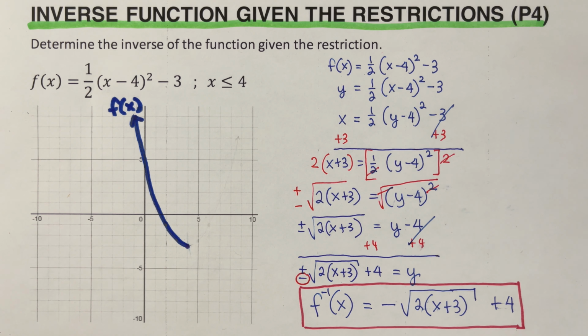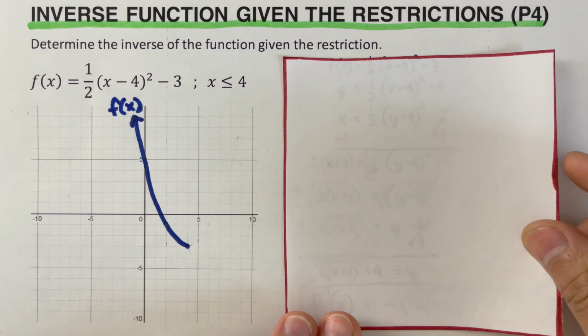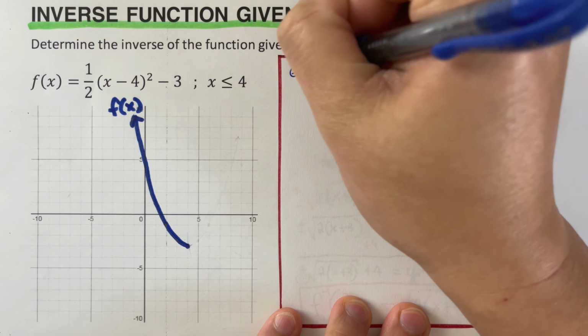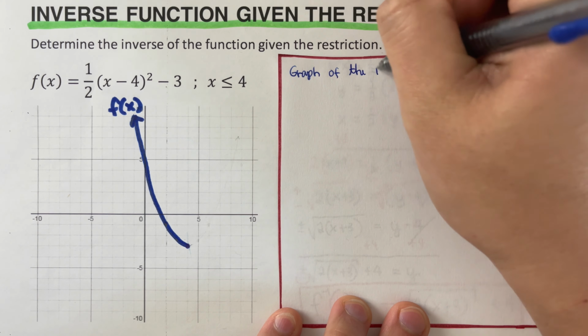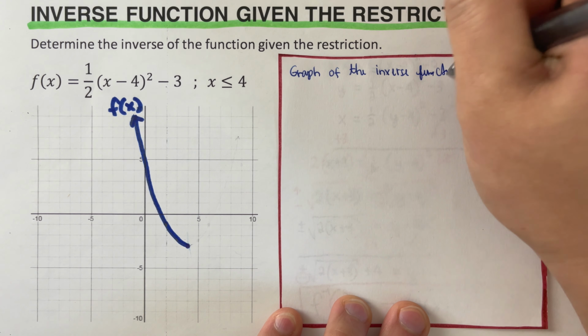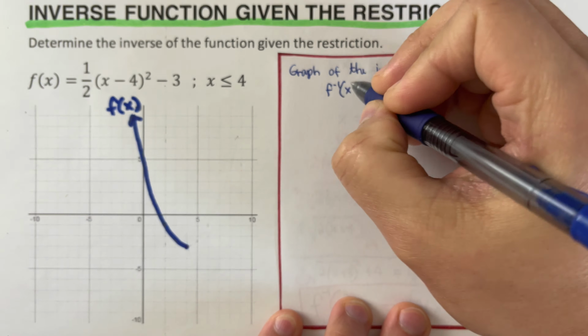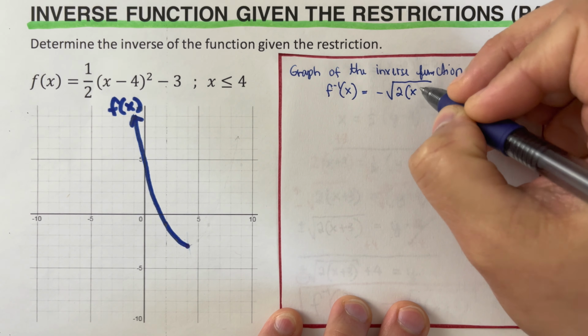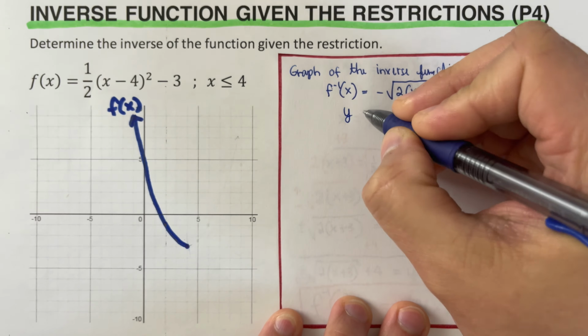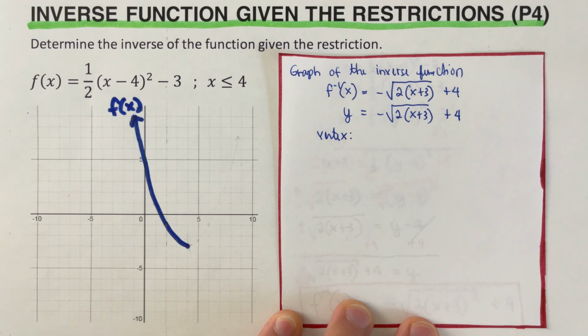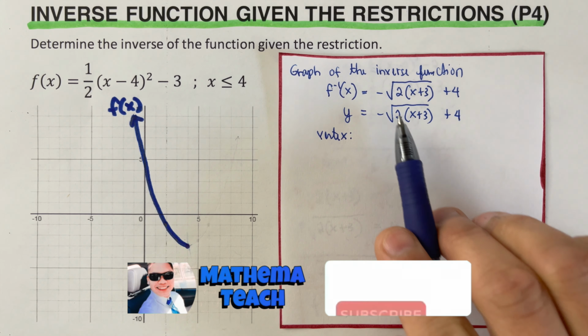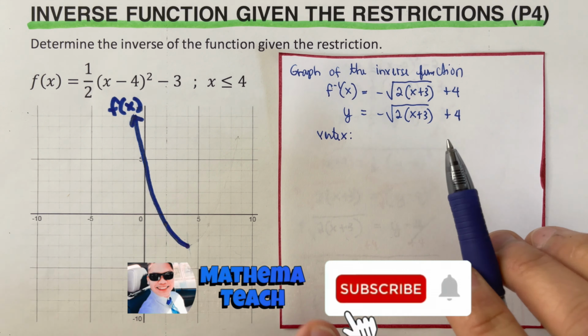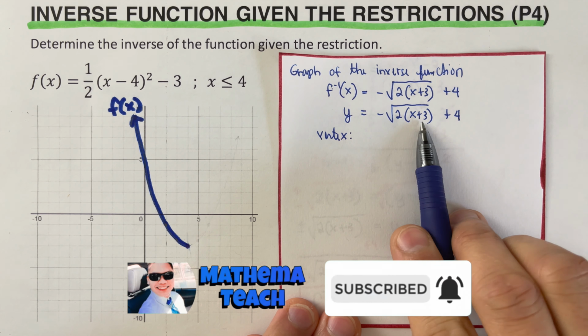So then we are now going to graph this inverse function. So I'm going to use this paper right here. Okay, now looking at this equation that we have here for the inverse, our vertex is, again, we switch and keep.